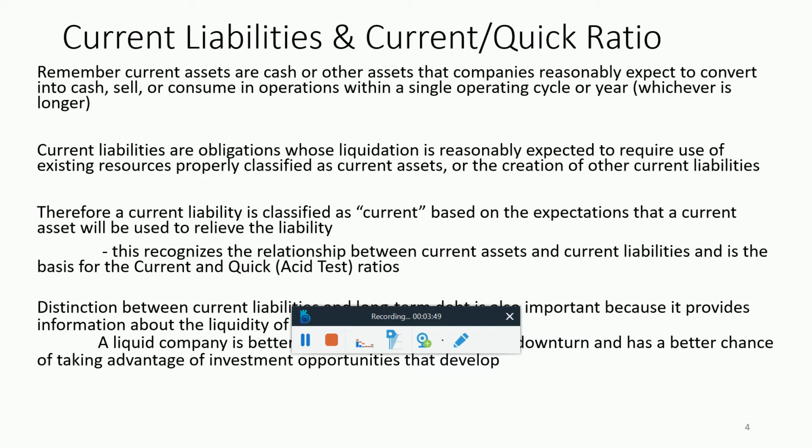So when it comes to what is defined as a current liability, we need to first take a step back and think about what the definition of a current asset was.